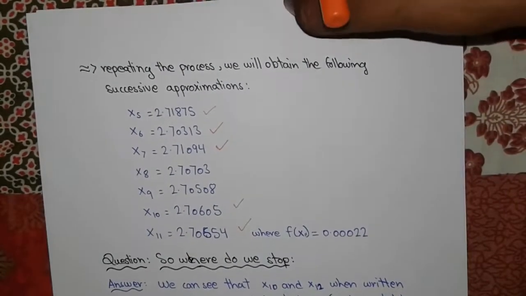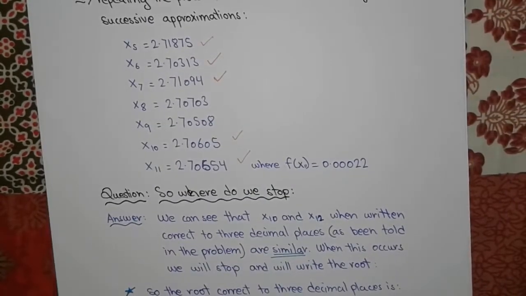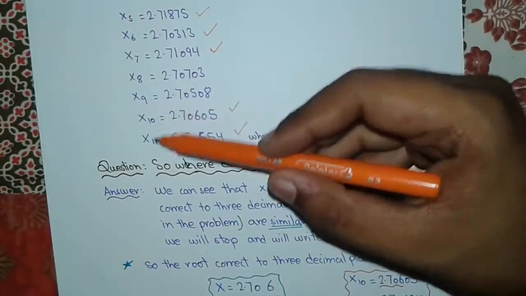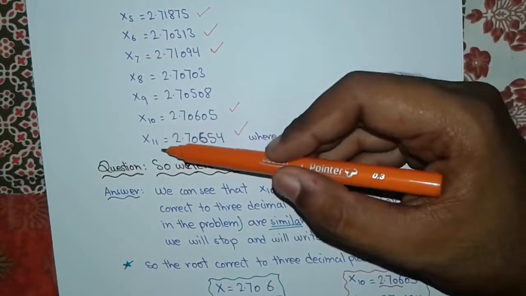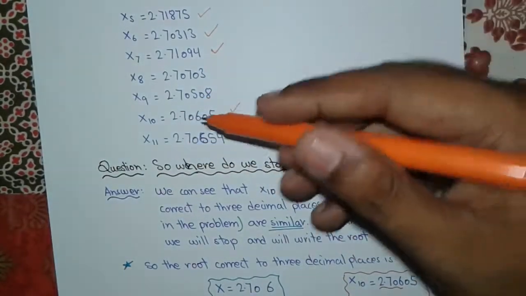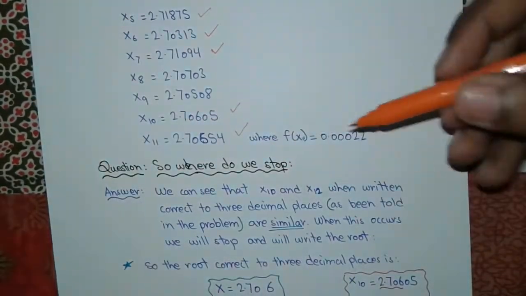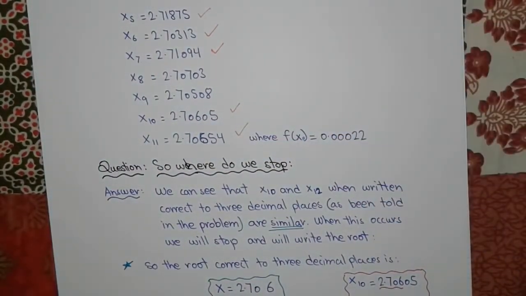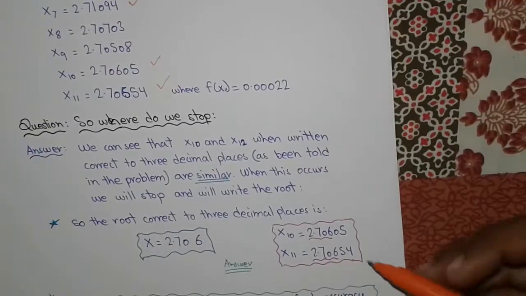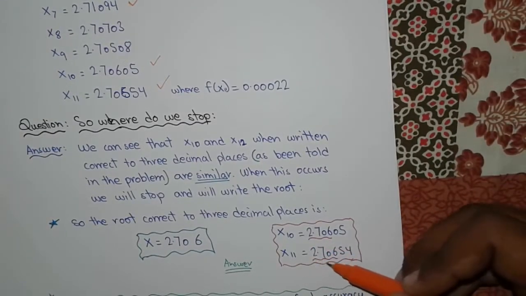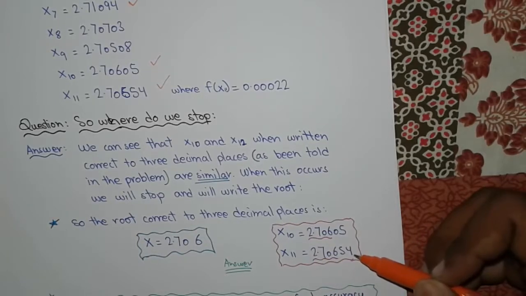So where do we actually stop? We can see that x10 and x11, when written correct to 3 decimal places as we were told in the problem, are similar. Here you can see that x10 is 2.70605 and x11 is 2.70654.